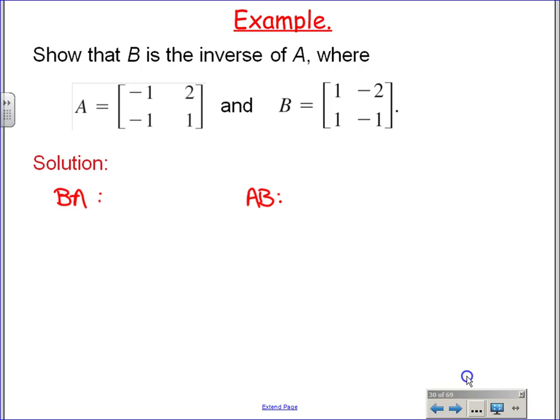These first 3 rows, you do B times A, and then you guys do A times B, and let's see if they match. I'll do both, because I'm snazzy like that. Teacher should do double the work, right? All right, multiply the way you're supposed to be multiplying, and then we'll compare.